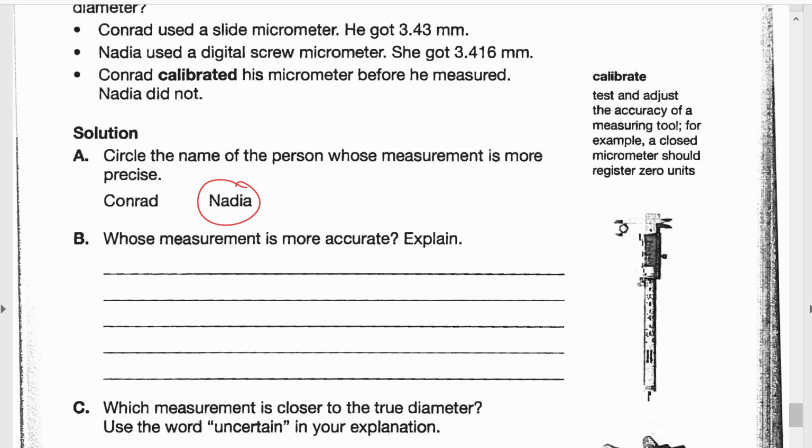She's more precise, but Conrad is more accurate because he calibrated his micrometer.